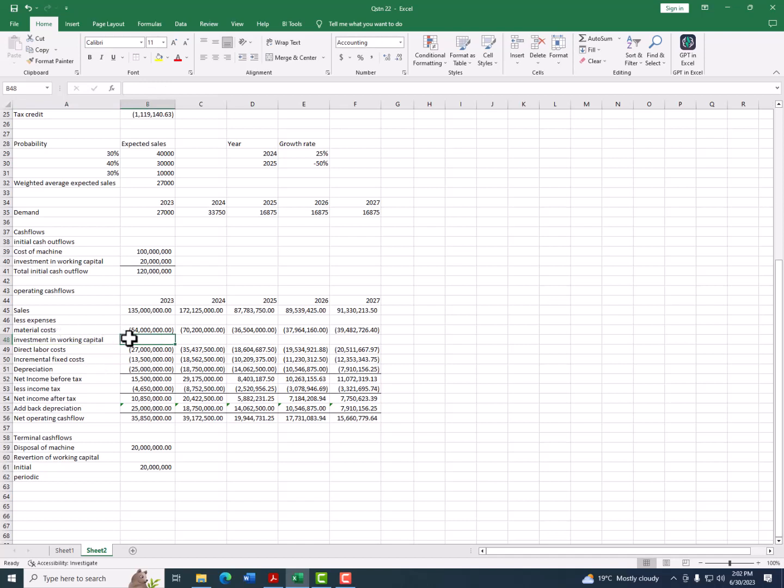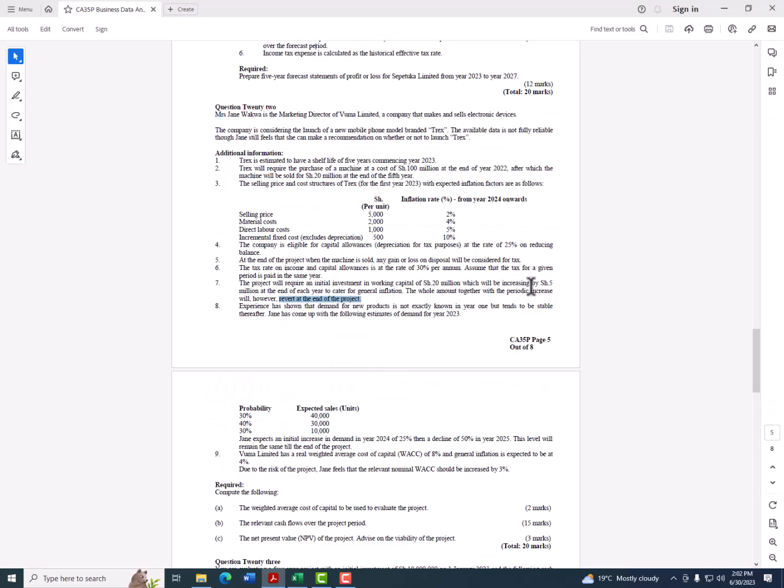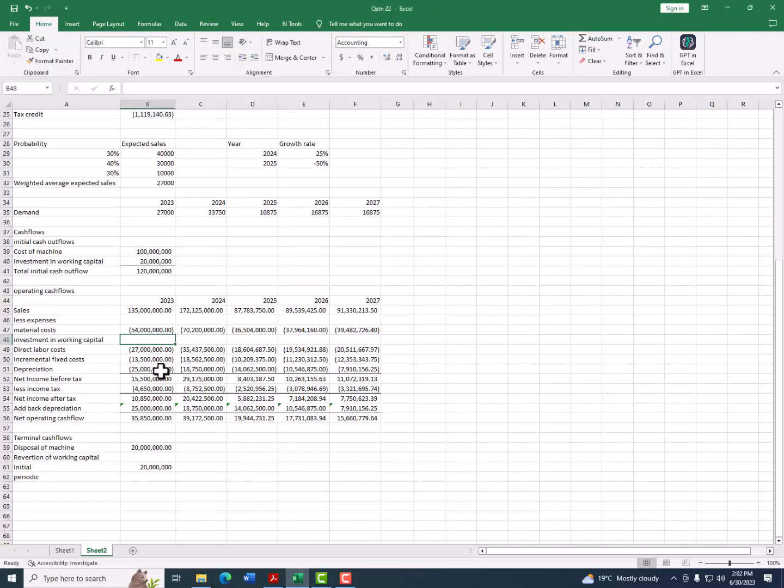So investment in working capital, we are told that it goes at 5 million per year. Pull up the PDF, you'll see 5 million per year at the end of each year. So we are going to write minus 5 million, 6 zeros, right? And then you drag it. Now the beauty of Excel, once you input that, all the figures change.